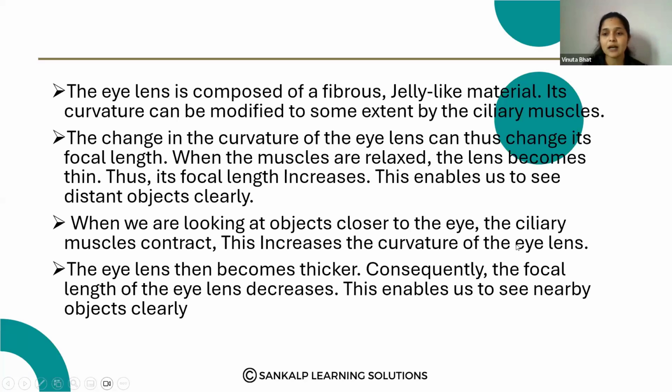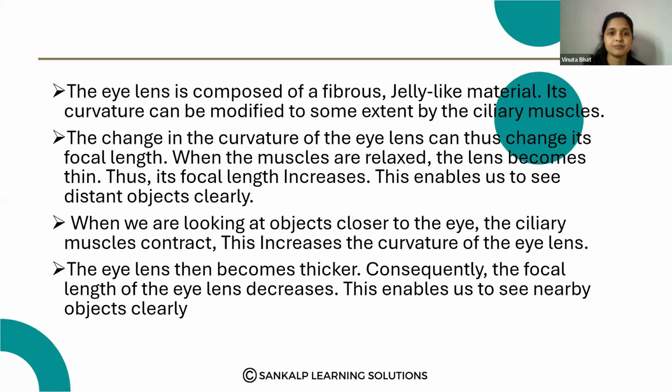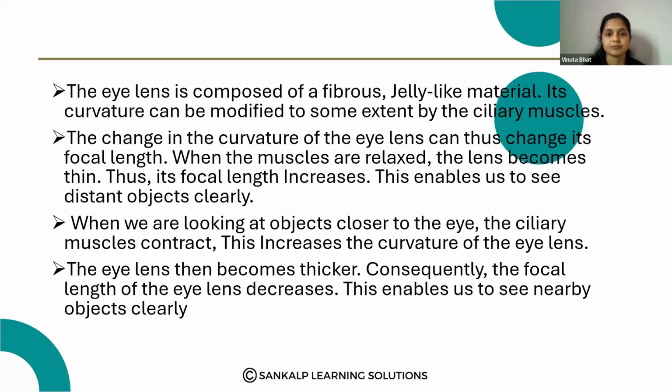This increases the curvature of the eye lens. The eye lens then becomes thicker, and consequently the focal length of the eye lens decreases. This enables us to see nearby objects clearly. Like this, the eye accommodates to focus on nearby objects and distant objects.